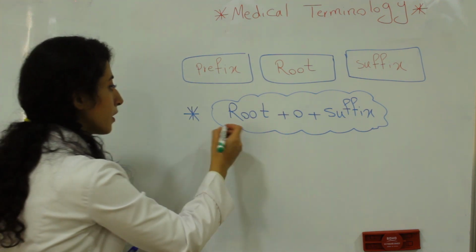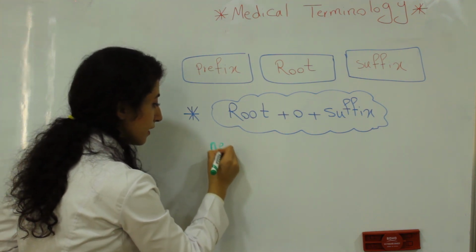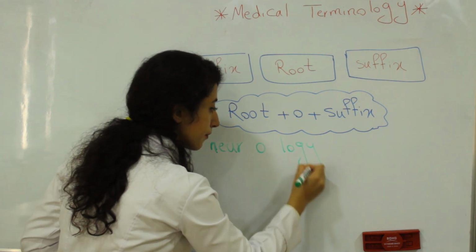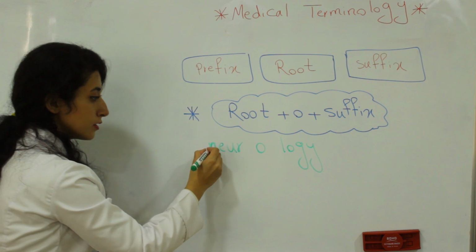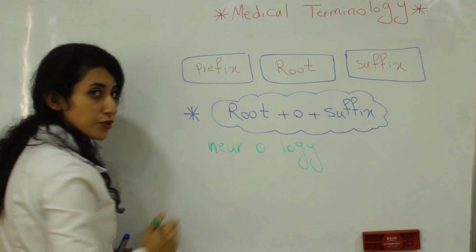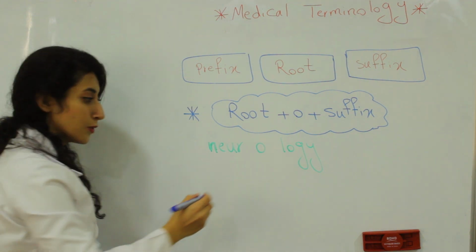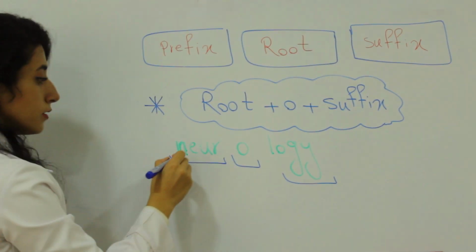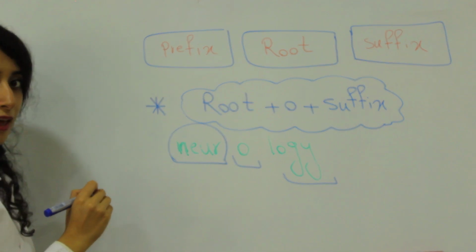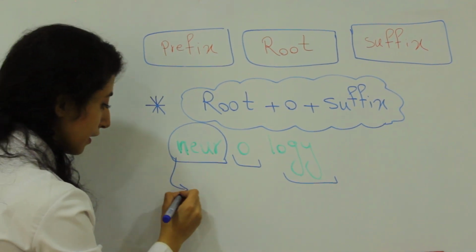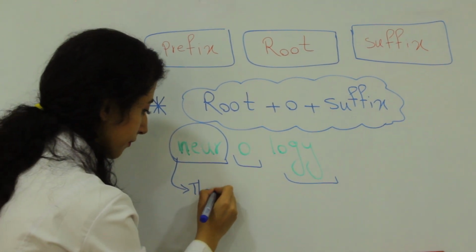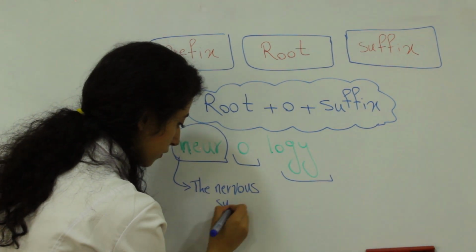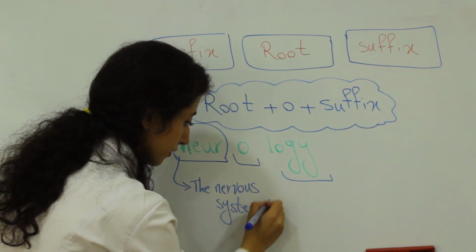For example, here we have neurology. It's a word that I write separated into parts. It has three parts also. Neuro is the root and its meaning is the nervous system or nerve.